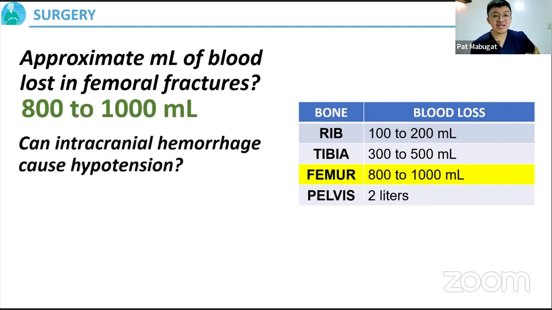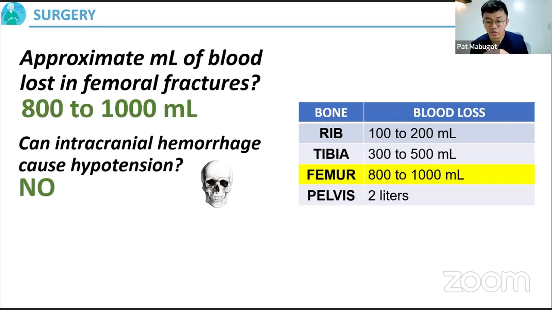Next, can intracranial hemorrhage cause hypotension? You don't find any injury in the patient, but you identified on CT scan that the patient has a hematoma. Would you think that the hematoma in the brain can cause the hypotension? The answer is no. Why? Because the calvarium is made up of brain tissue, which makes up most of it, and CSF, right?